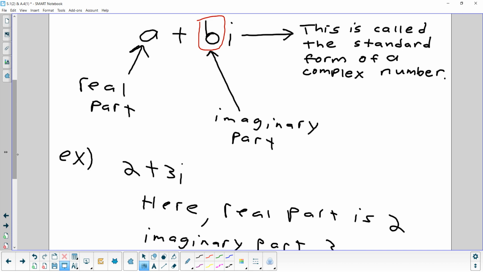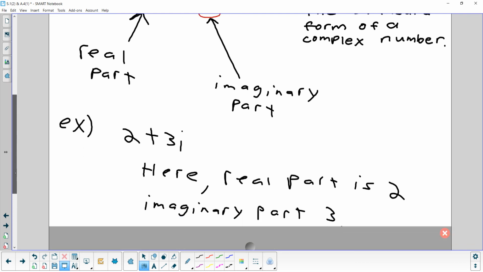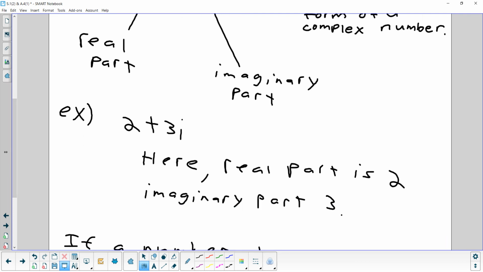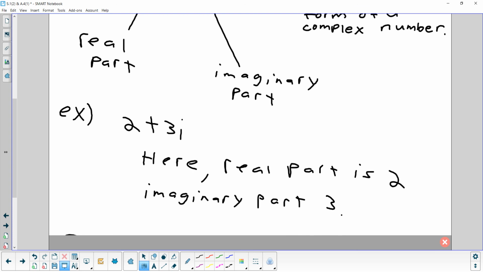That's not standard form. Okay, on the test, in fact, all of the answers for complex numbers are going to ask you to put them in standard form. Any questions on what the real part and imaginary part is there? Okay.